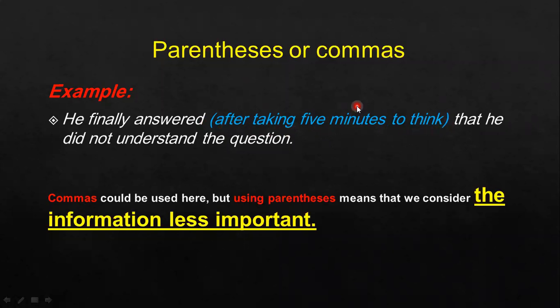So what's the difference? Using parentheses means that we consider the information less important. If it's non-essential but somehow important, if it adds something important to the sentence, we use commas. If it's not important, we use parentheses.